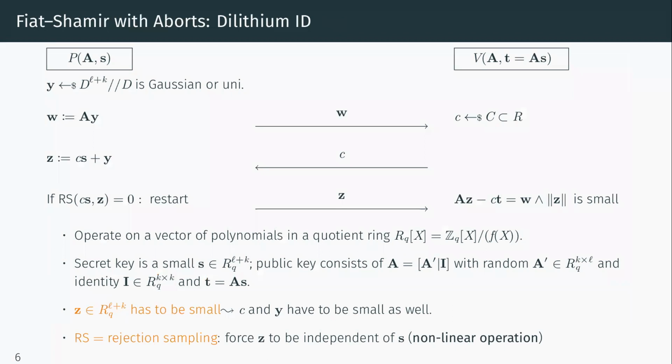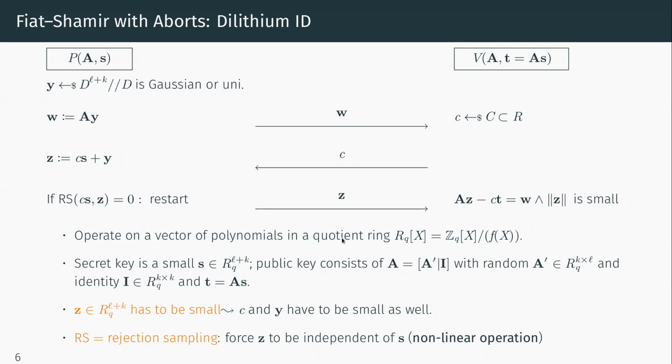Okay, so now Fiat-Shamir with aborts. I assume most people here are familiar, so I'm going to go over this quickly. The Fiat-Shamir with aborts paradigm follows the standard 3-round Sigma protocol. Here I present the identification protocol, which operates on vectors of polynomials in this quotient ring, where the polynomial f is usually a power-of-2 cyclotomic polynomial.